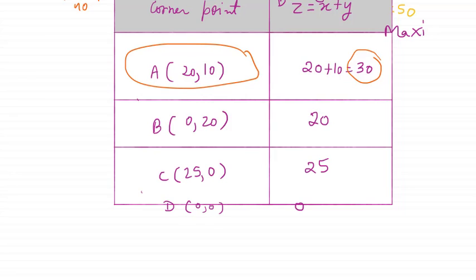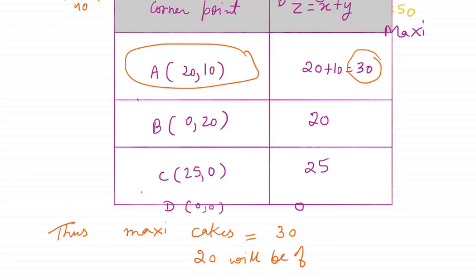So here we can say thus the maximum number of cakes that can be made will be 30. So 30 cakes can be made at maximum, in such a way that 20 will be of first kind and 10 will be of second kind. So like this you can do these kinds of word problems.